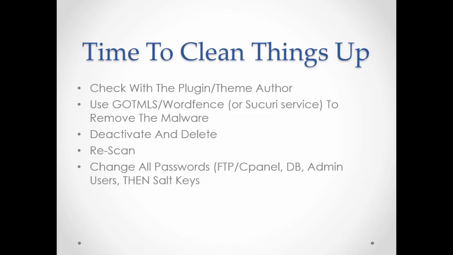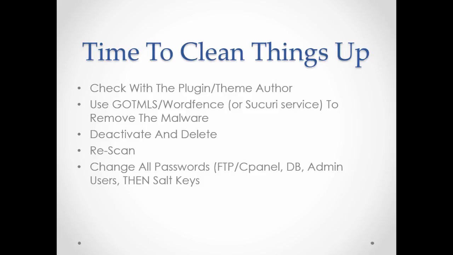Once you've done all of that, then change the salt keys. Now, the salt keys are something which I covered in a previous lecture, and you can find them in your WP config file. If you go back to the lecture where I covered this, it'll tell you how to do it.